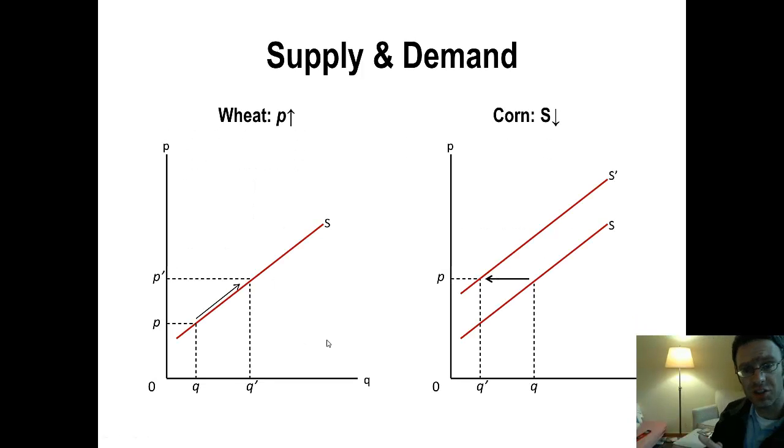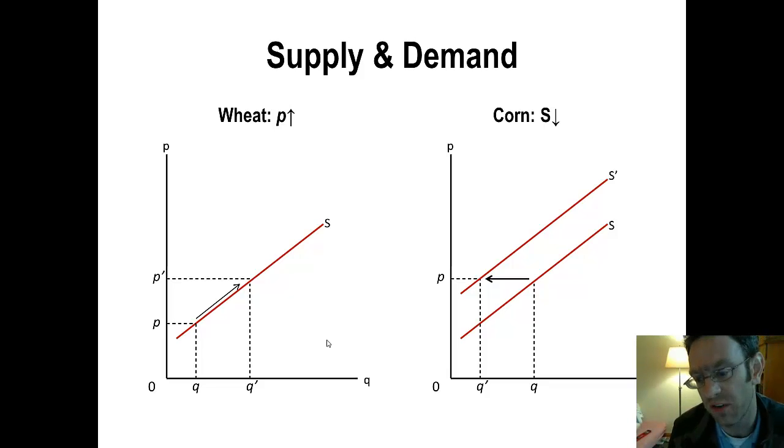And just a quick example here of using substitutes, you think of wheat and corn. So if you're a farmer and you have an acre of land, you can pretty easily, within a growing season, substitute corn for wheat or wheat for corn. So wheat and corn might be really good examples of substitutes in production.